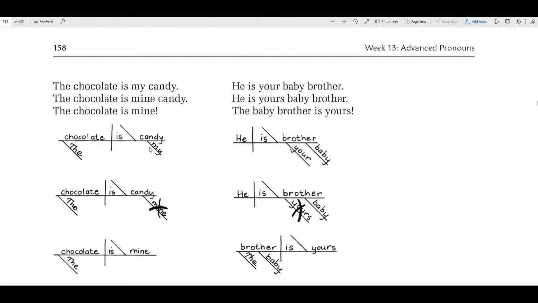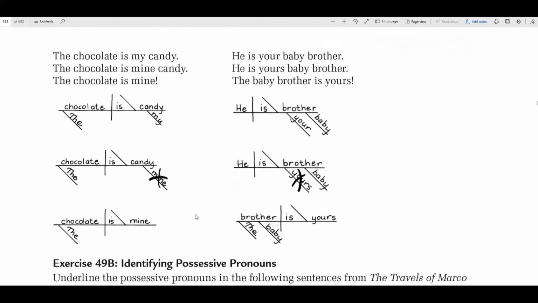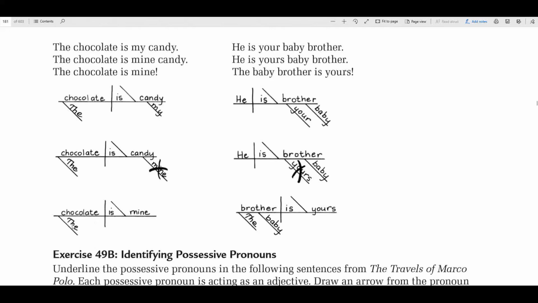My is your possessive noun or possessive adjective that shows whose. Okay, the chocolate is mine. Candy. What? That doesn't even go. I don't even know why that's there. That's the dumbest thing I've ever seen in my life. I guess they're just showing you that that's why you would use my. Who knows? Okay, so this one is the chocolate is mine.